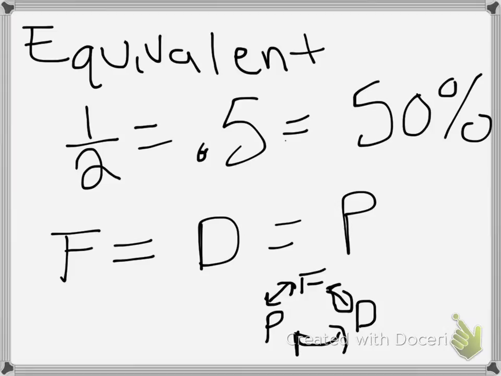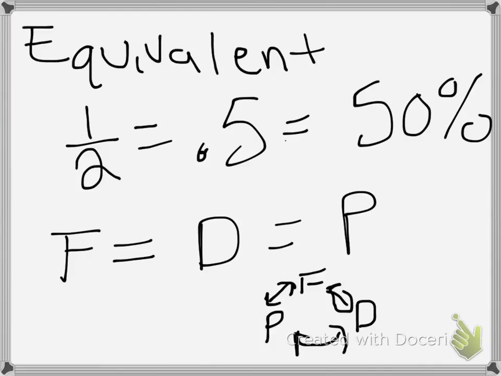The last thing we went over is a wrap up of what we did this week: we found equivalent forms of fractions, decimals, and percents. We have to use our strategies to find those 3 different forms.